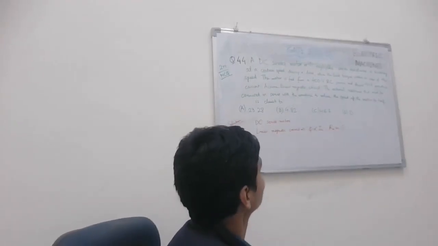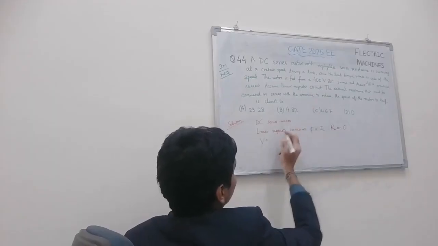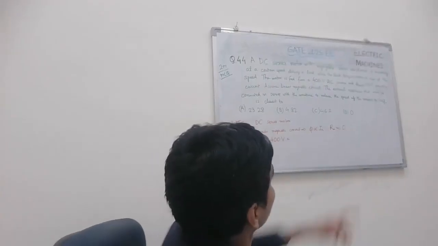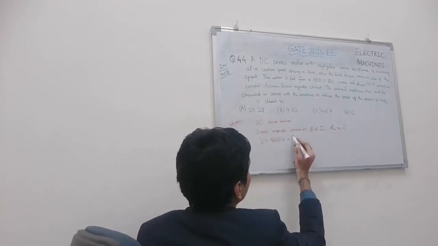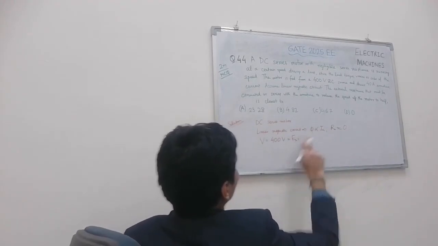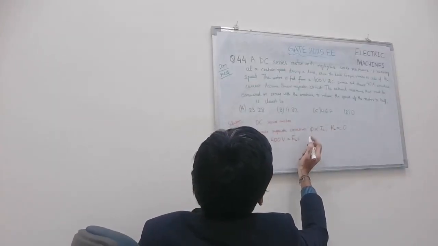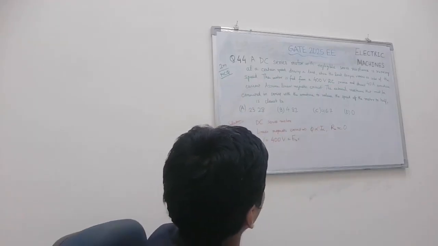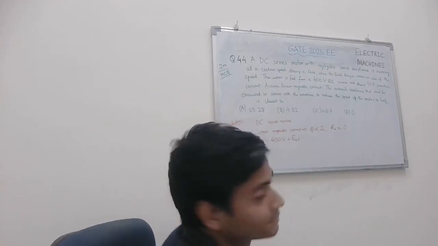So initially the terminal voltage is given as the DC voltage, 400 volts, and as there is negligible armature resistance, the induced EMF or the back EMF is also 400 volts.